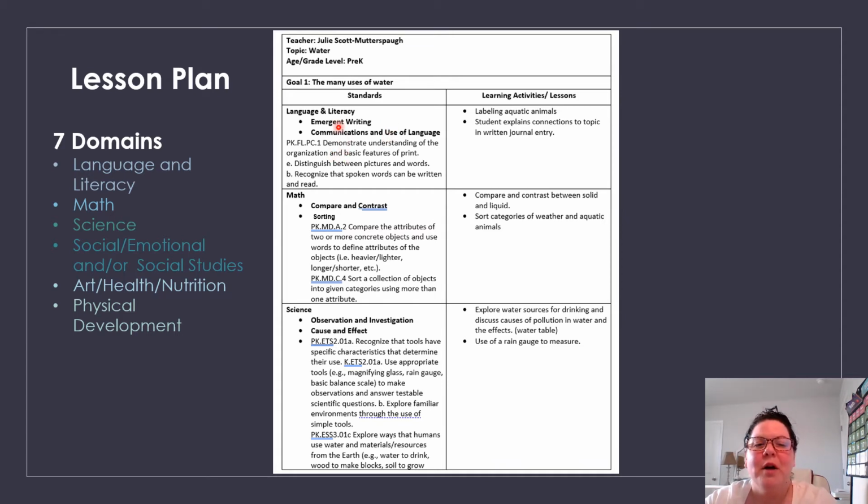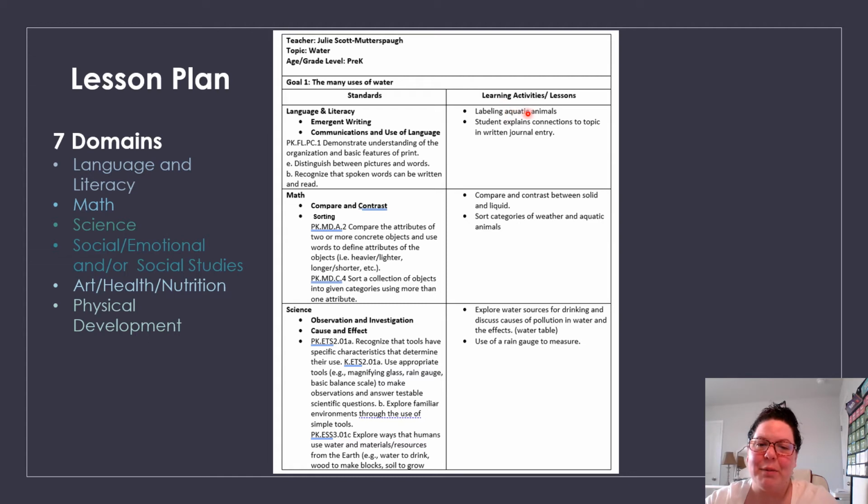And so implementing the standards, what we want to do is work on emergent writing and communication and use of language. This would probably be more in the beginning of the year, where we're still learning to communicate with language and we're just doing the beginning phases of things.